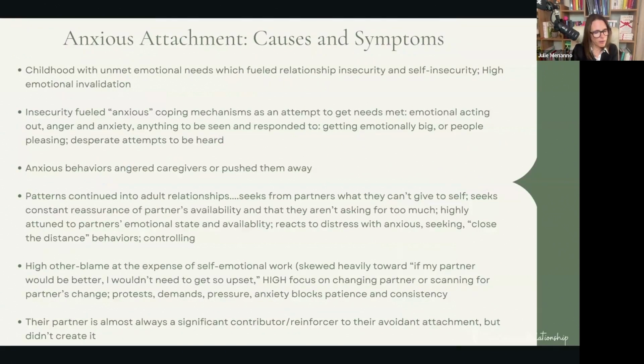Someone says, how do you know if a partner is reacting a certain way due to their attachment style or a different reason, like Asperger's or another psychological concern? Well, attachment is really more about how one is handling their own emotions and how one is communicating their emotions, right?